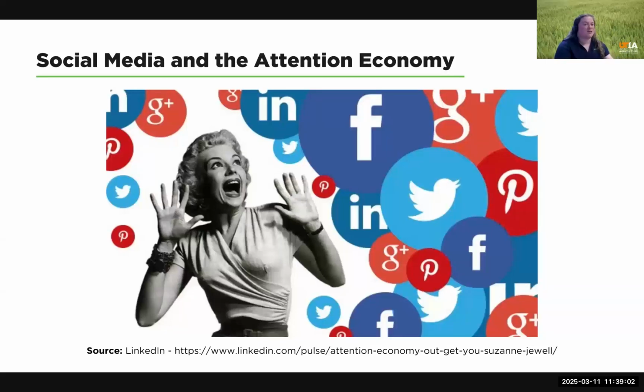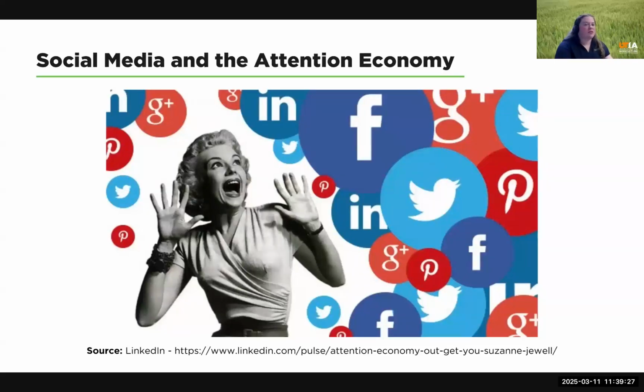So again, you can imagine all the stuff we have to move through as consumers, and our consumers who are looking at our brand or our business's content have to get through to get to our posts. So this whole idea behind the attention economy is that our time and our attention is limited.